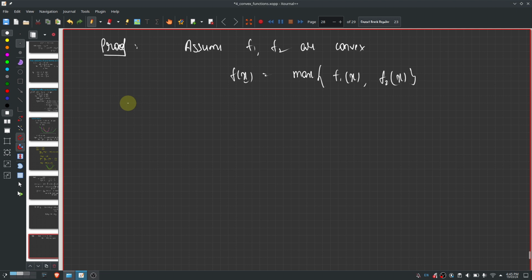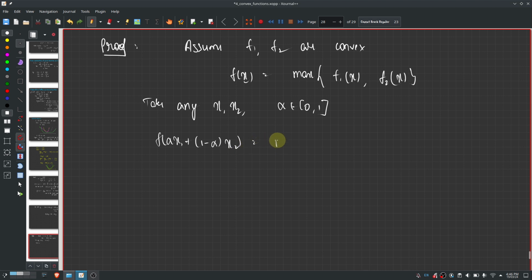And as before, let's just apply the definition of convexity. So take any two points x1, x2 and any alpha between 0 and 1. What is f of alpha x1 plus 1 minus alpha x2?